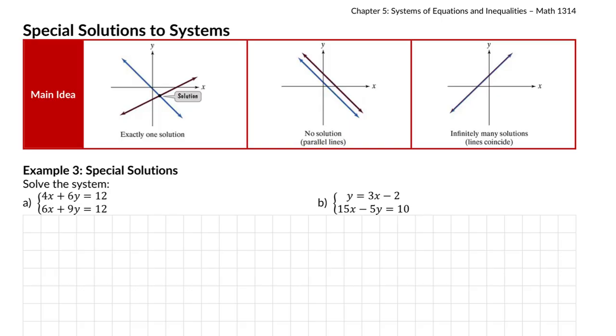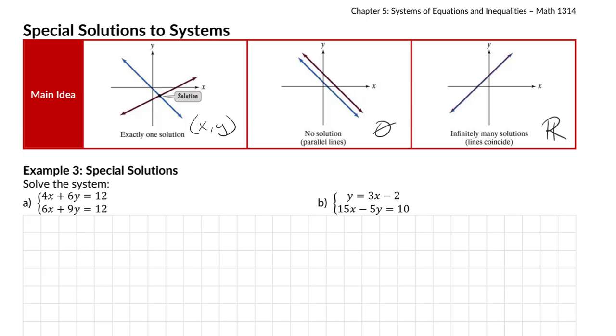So far we've seen all three of the systems that we solved on the other page have one solution. Most systems do have a solution, an x comma y that solves the problem. However, there are special systems that have either no solution or have infinitely many solutions.